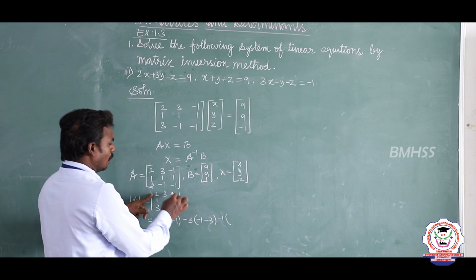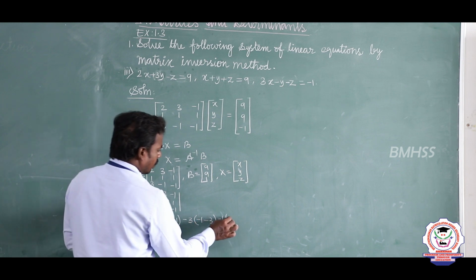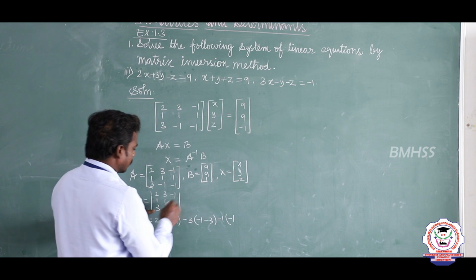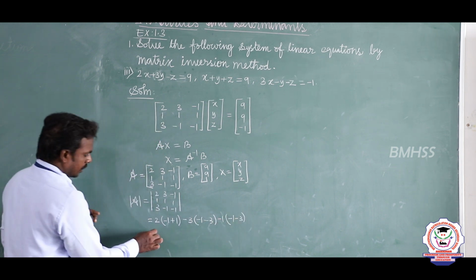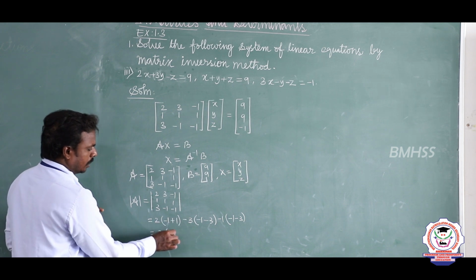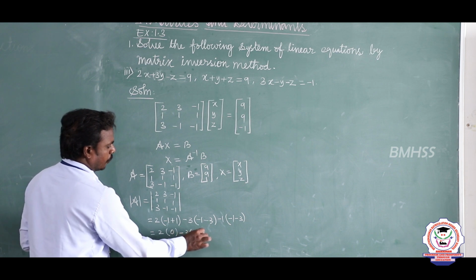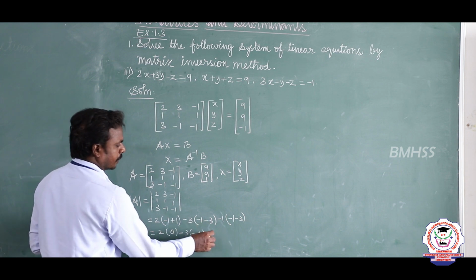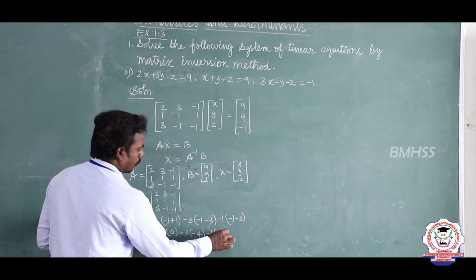Now you omit the first row and the last column, the third column. So 1 into minus 1 is minus 1, and minus 3 into 1 is minus 3. That is it. Now listen: 2 into minus 1 plus 1 is 0, minus 3 into minus 4, because minus 1 minus 3 is minus 4, minus 1 again minus 1 minus 3 is minus 4.